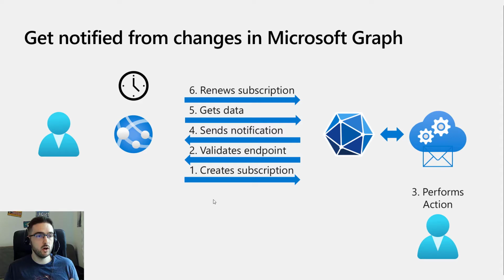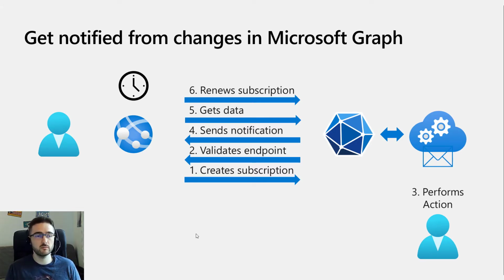And eventually, on a periodic cycle, you need to renew those subscriptions as well. Because those subscriptions have a time to live, they live for a couple of hours to a couple of days. You need to continuously tell Microsoft Graph, hey, please keep my subscription active for the next couple of hours or for the next couple of days, right? And this is how it generally works.